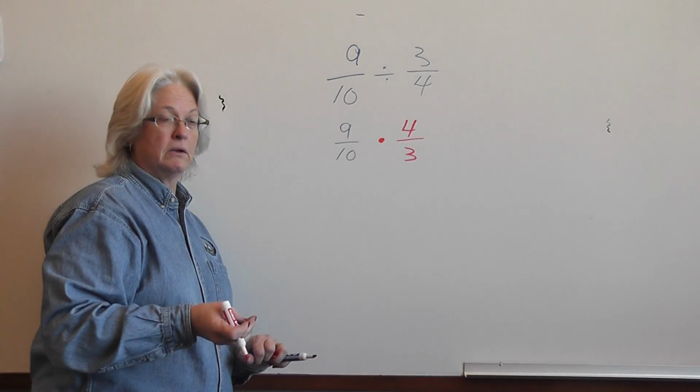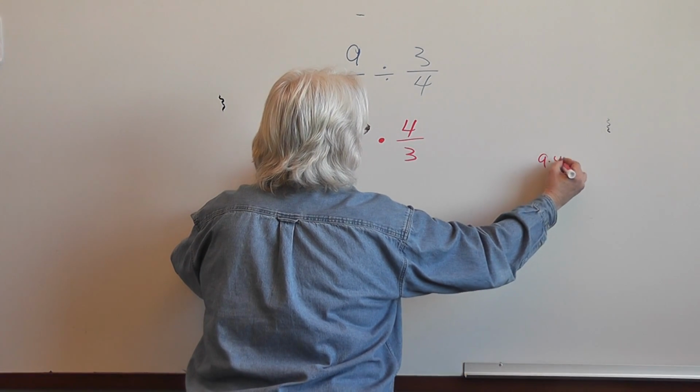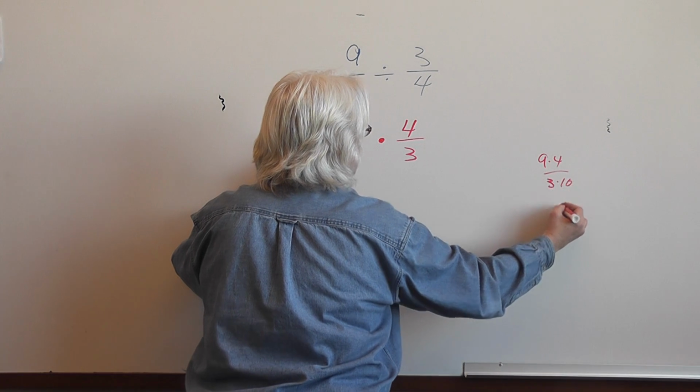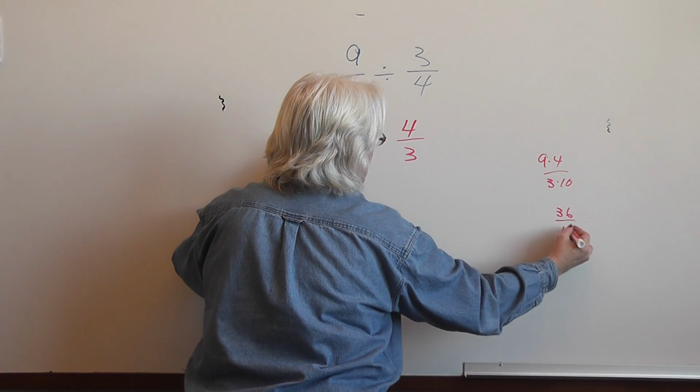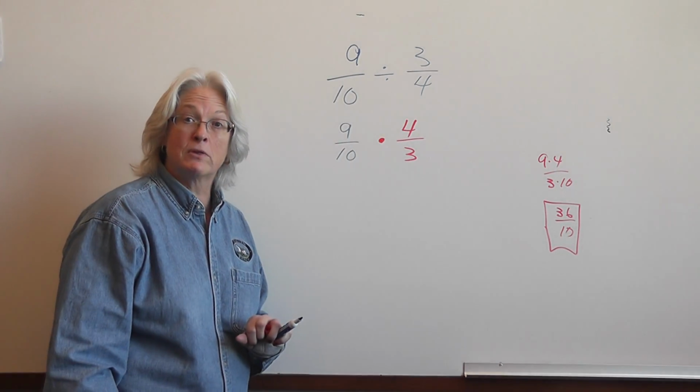Now, could we go ahead and just multiply right now and say 9 times 4 over 3 times 10? Yes, we could. We would have 36/10. But is that an acceptable answer?